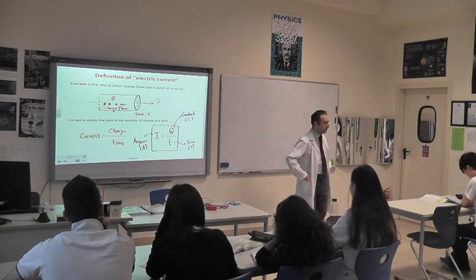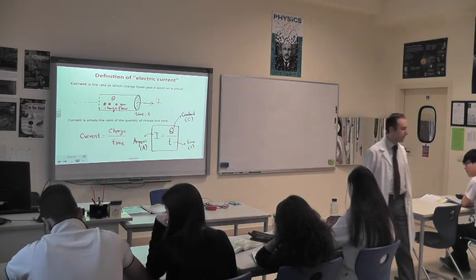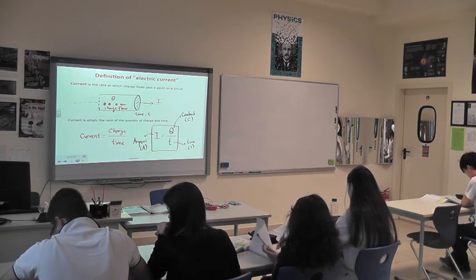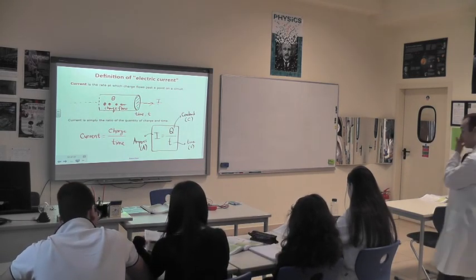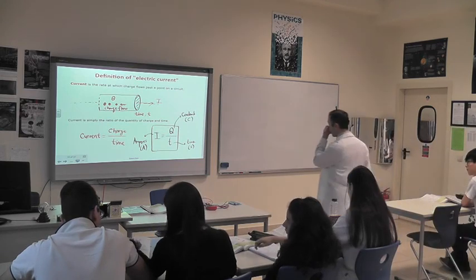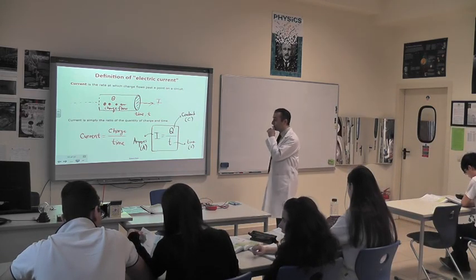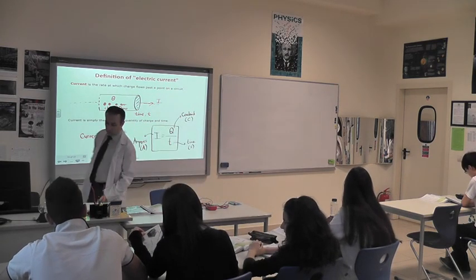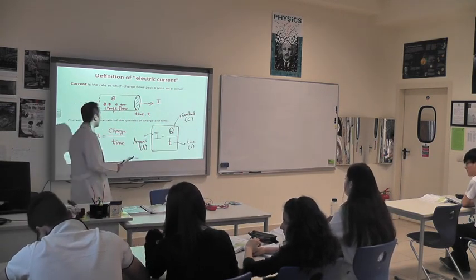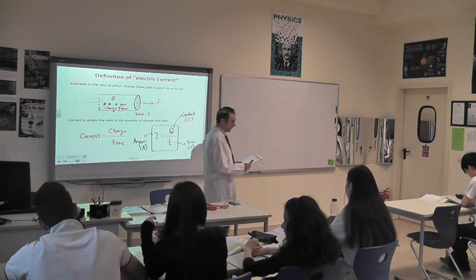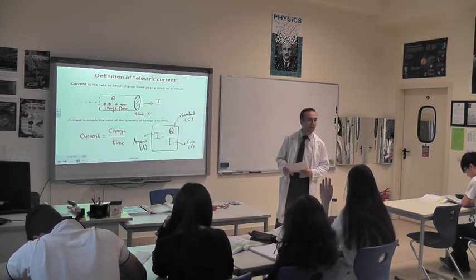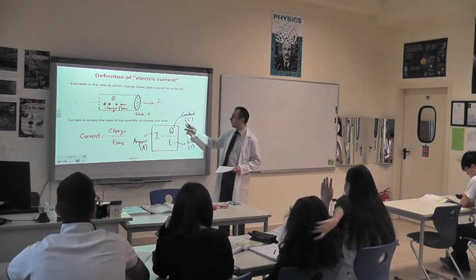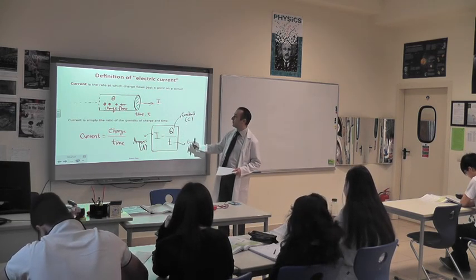Let's write the equation now. Alright. So 1 amp is equal to what? 1 amp here is equal to 1 coulomb per second.